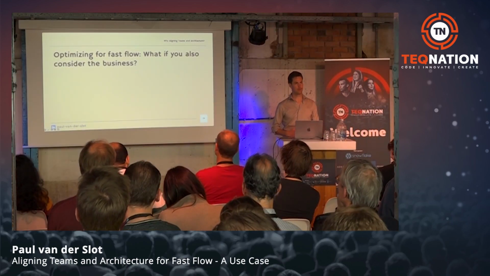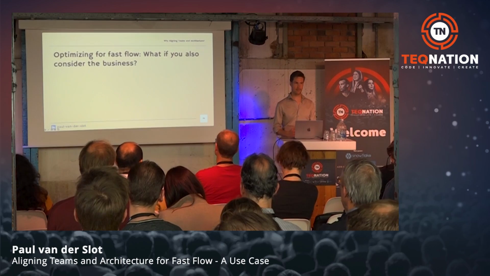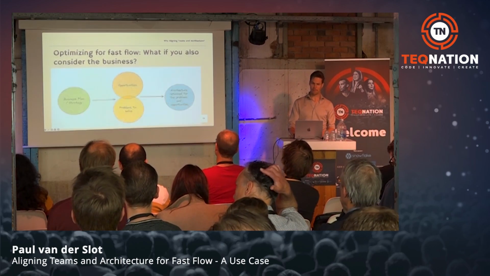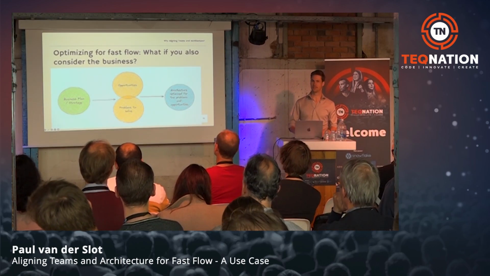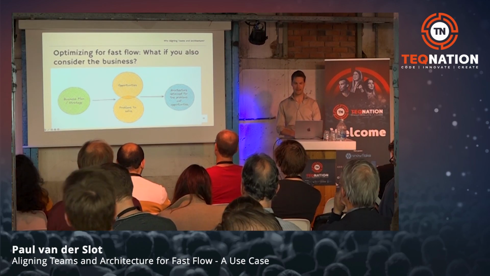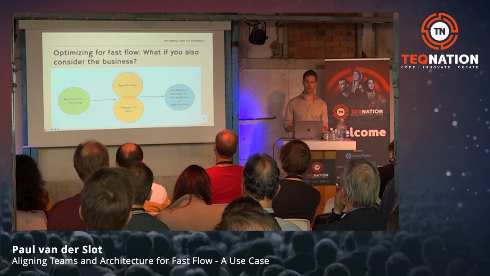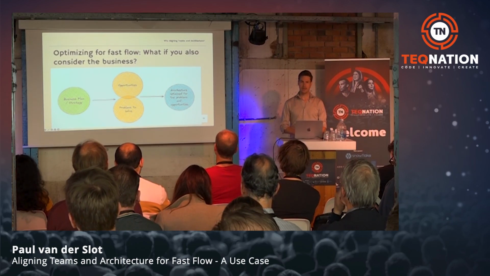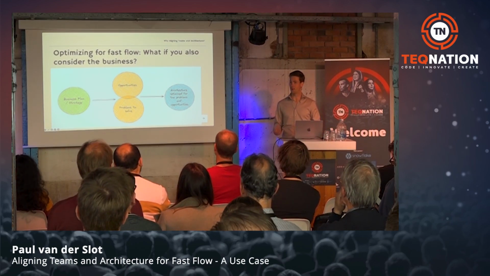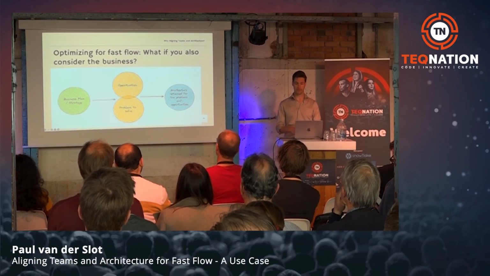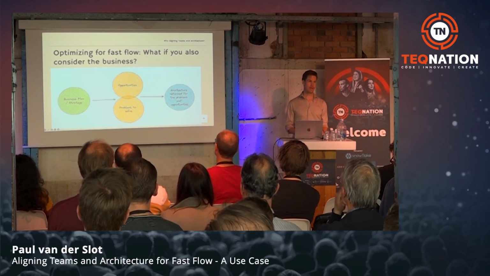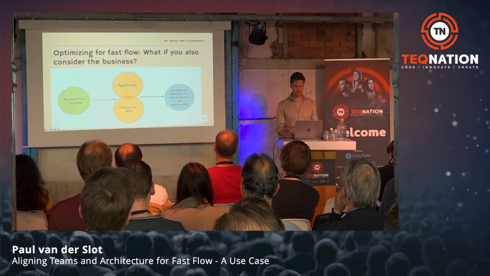What would you do if you would also consider the business side of things? Well, if you think about the business, it usually starts with a strategy or a business plan, which leads to opportunities and problems to solve, different domains. And at the end, you can have an architecture optimized for those problems to solve and opportunities. Why would that matter?